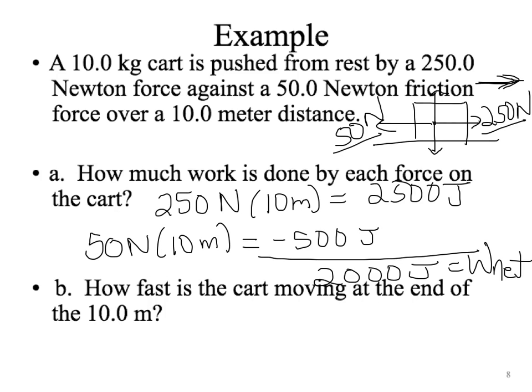The last question here is, how fast is it moving at the end of the 10 meters? Well, it starts from rest, and we want to know how fast it's going. I'm going to take the net work and set it equal to the change in kinetic energy.